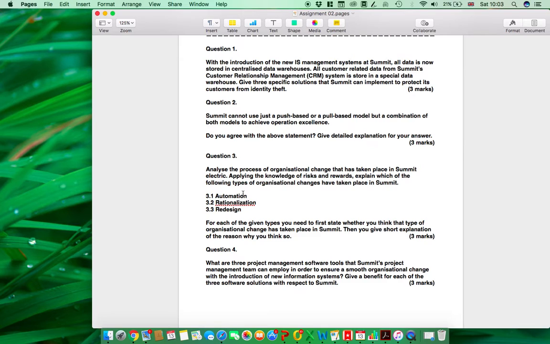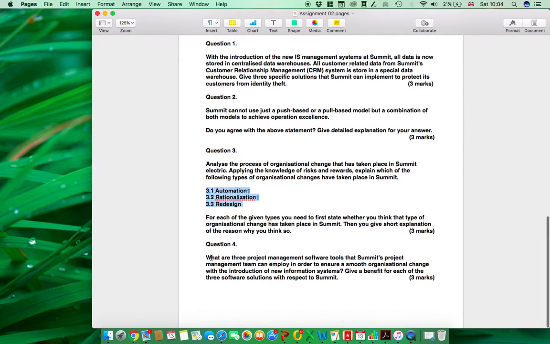So now you need to consider all three of them and say which one of these organizational changes Summit has implemented. Is it 1, 2, or 3, or is it some of them, or is it all of them? And for each one of them, if you say that Summit has implemented it, then you need to give an explanation why you think so.